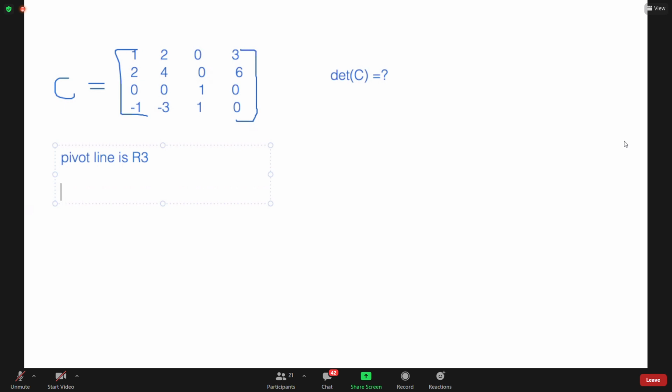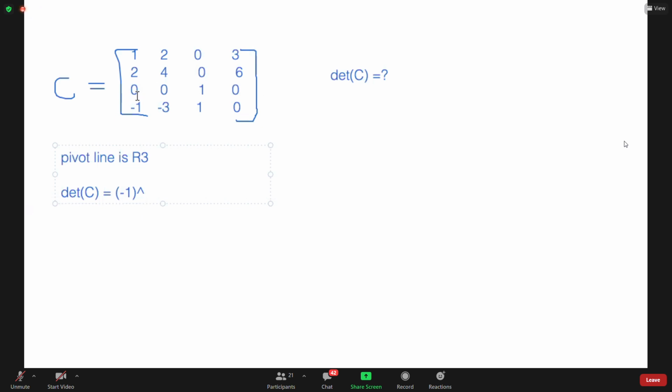Now I can actually start writing down the formula of the determinant. So the determinant of my C matrix will be, I told you that the formula starts with a -1 to the power of the summation of the indices of the line that I'm working on.